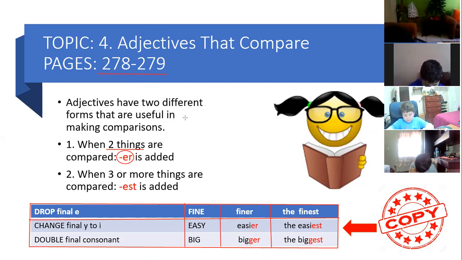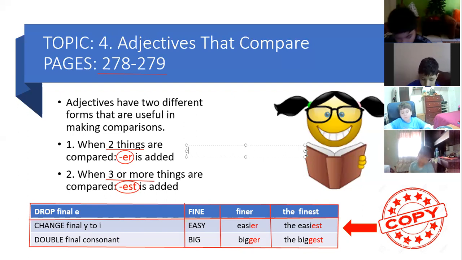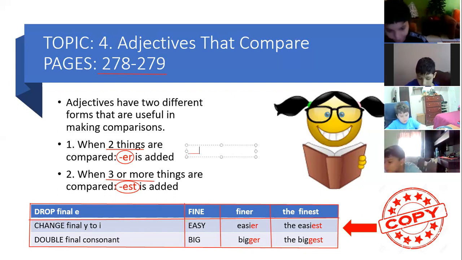When you compare more than two, so three or more things, you have to add EST. But not only that, when you compare two things, you add ER at the end of the adjective, okay?